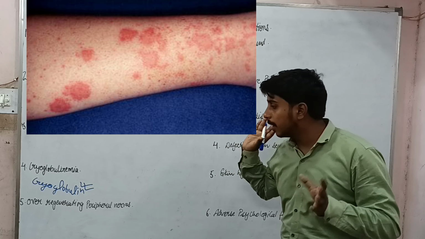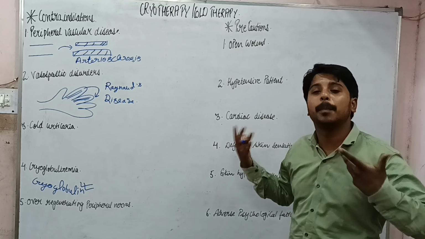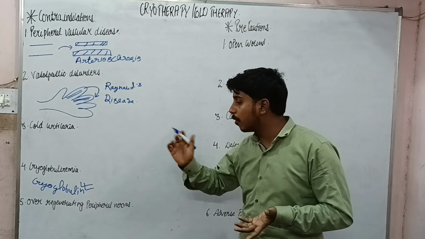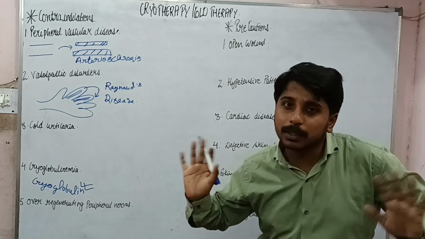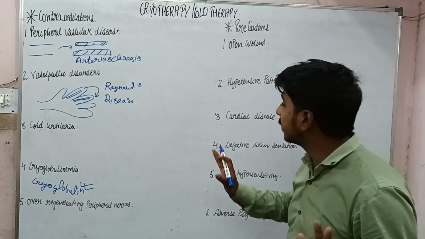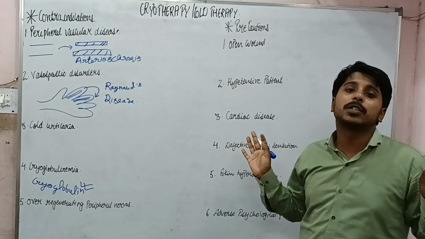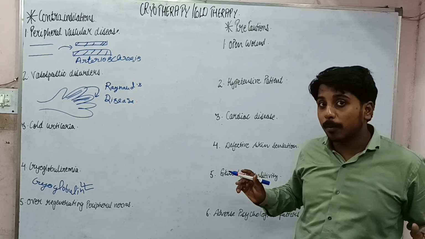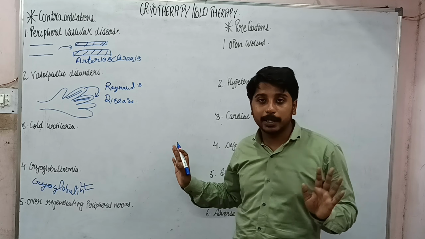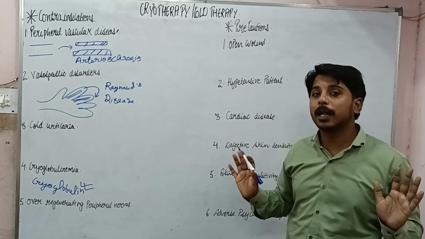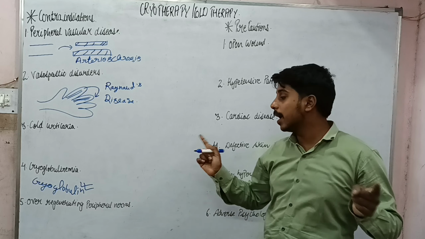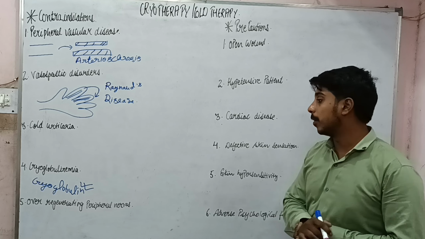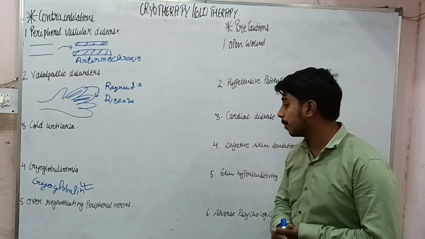Here also we can detect it by a blood test, that is, the presence of cryoglobulin. At the normal temperature of 37 degrees Celsius, this protein dissociates and produces no problem. But when temperature is lowered, it gets precipitated and produces a lot of problems. So we will not use cryotherapy here.